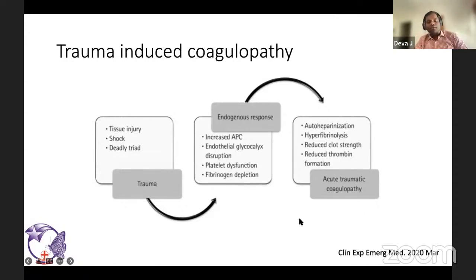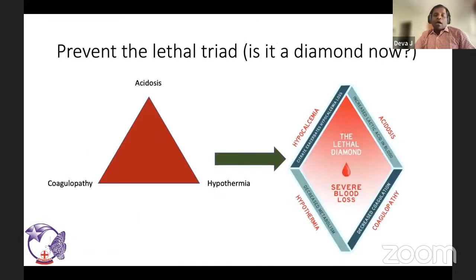So this is trauma-induced coagulopathy in a nutshell. This is something that we've all heard about and read about often. In trauma, and in any patient presenting with shock, the major problem is this lethal triad, which is acidosis, coagulopathy, and hypothermia.